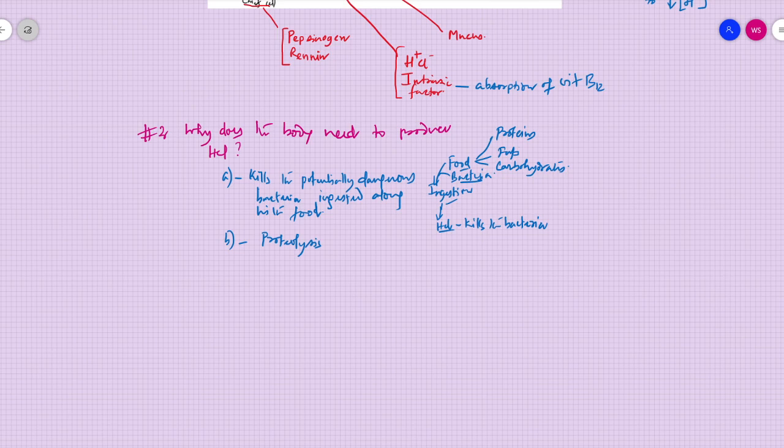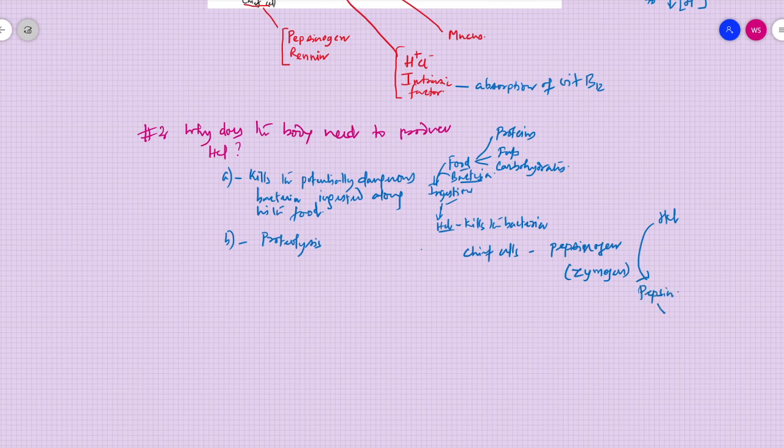Okay, so we said that there are chief cells. Chief cells primarily produce pepsinogen, which is a zymogen, meaning it's an inactive form of the protein. In the presence of HCl, this pepsinogen gets converted to pepsin.